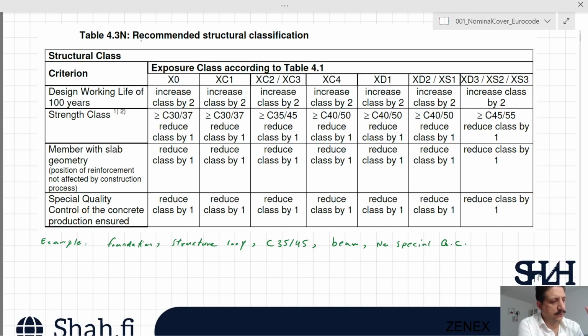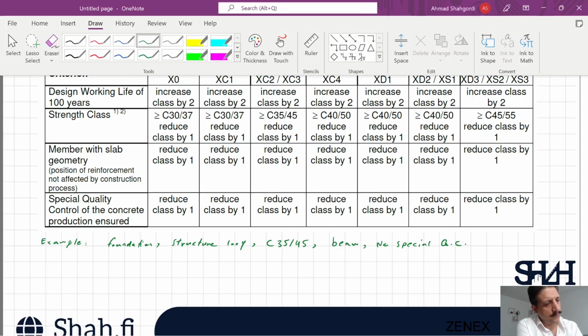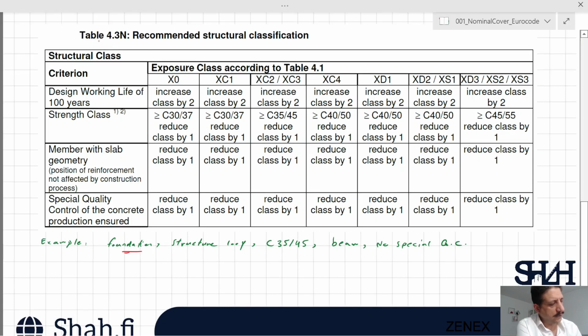So first we need to find out what kind of exposure class we have. If you remember, for the foundations, it is XC2.